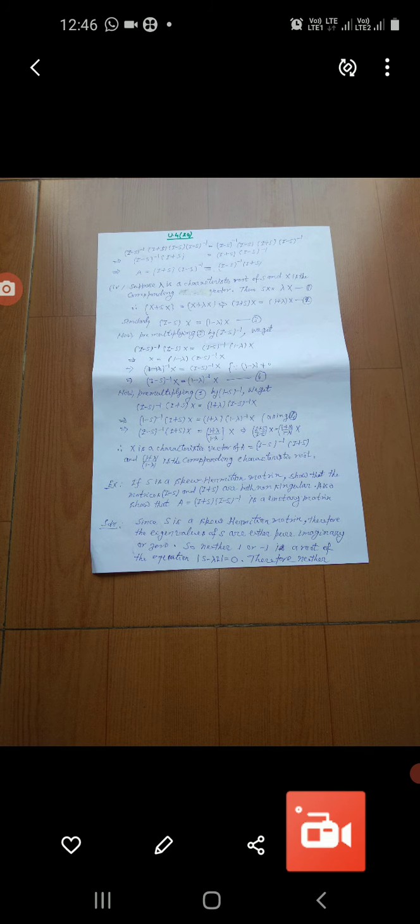Pre-multiplying both sides of equation 1 by (I minus S) inverse and post-multiplying by (I minus S) inverse, we get (I minus S) inverse (I plus S)(I minus S)(I minus S) inverse. This may be written as (I minus S) inverse (I minus S)(I plus S)(I minus S) inverse.